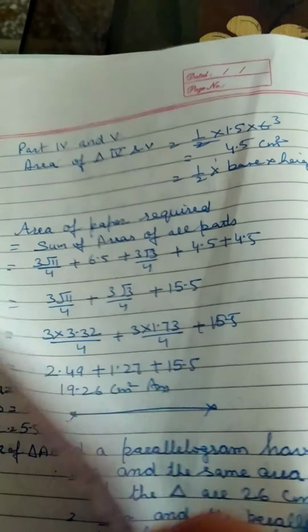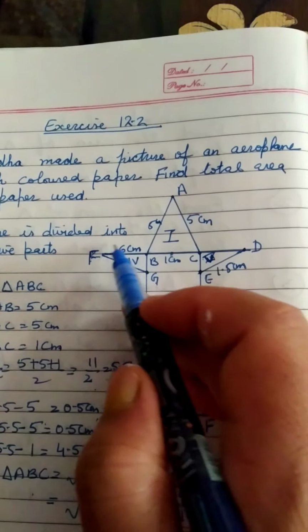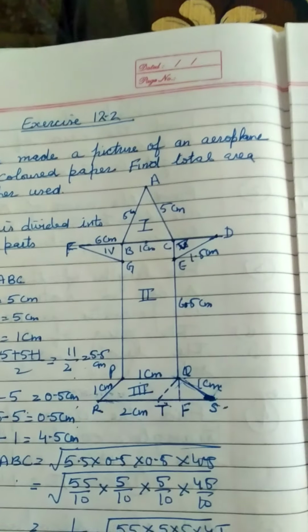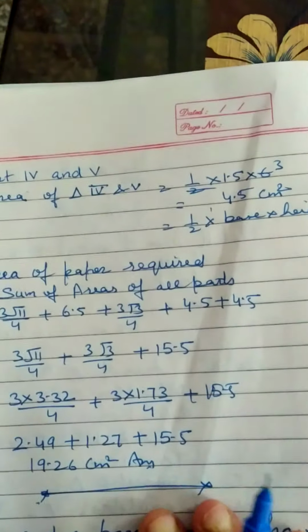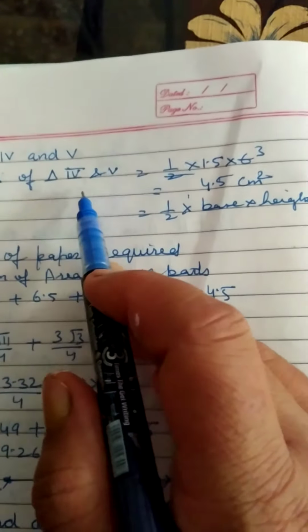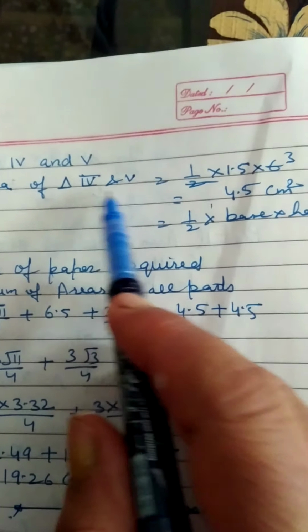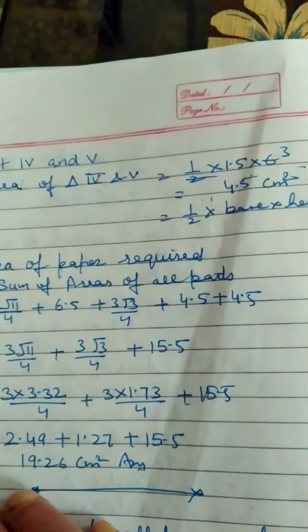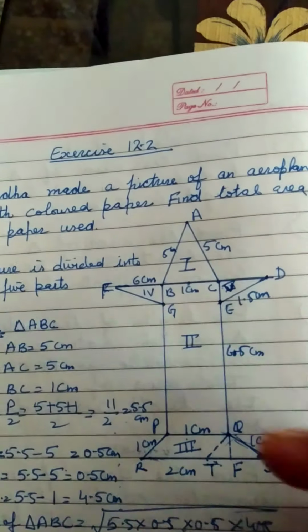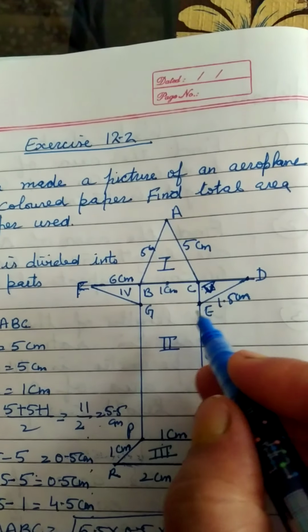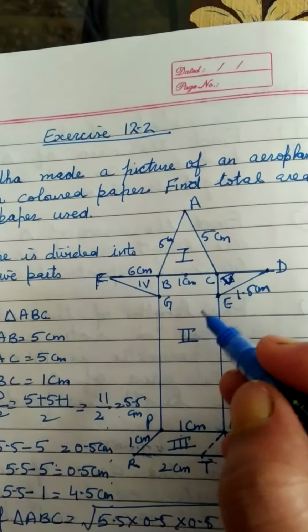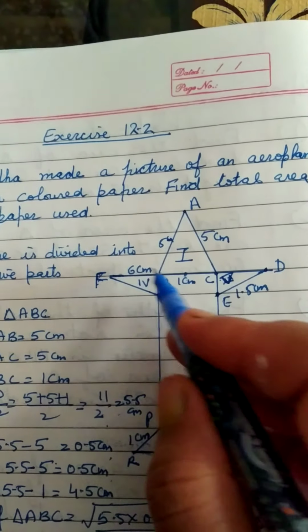Now part 4 and 5. Part 4 and 5 are two right angled triangles on the sides. Area of triangle 4 and 5 is half of base into height. Half of base into height.